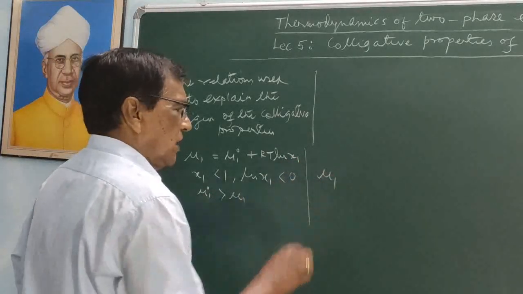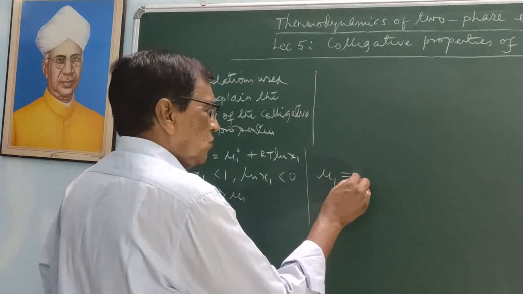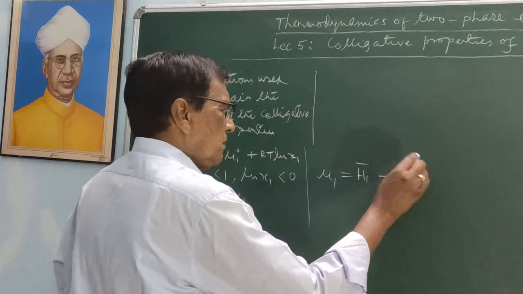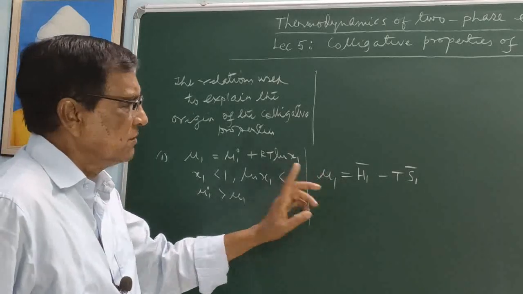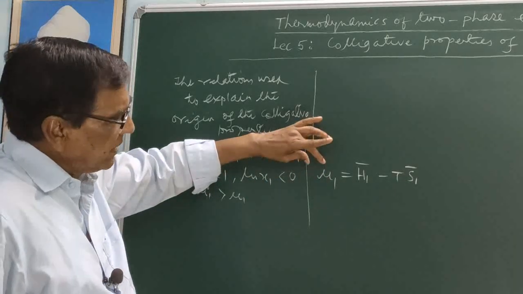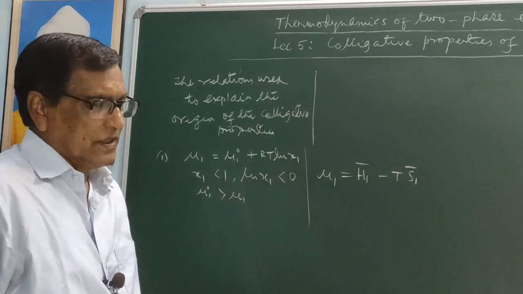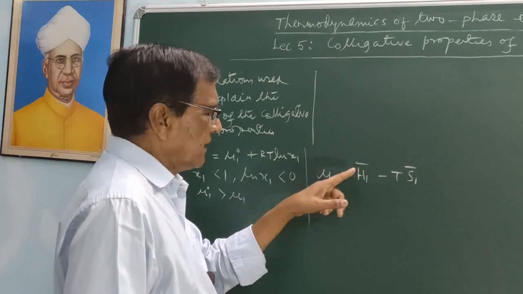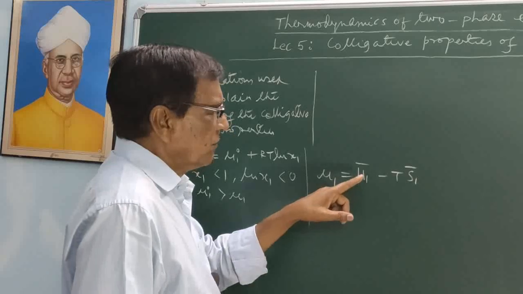I can explain in this way: mu1 equals H1 bar minus T S1 bar. Mu1 is the partial free energy of the solvent, which was given the name chemical potential by Gibbs and Lewis, and H1 bar is the partial molar enthalpy of the solvent.